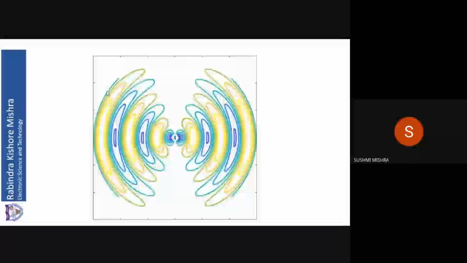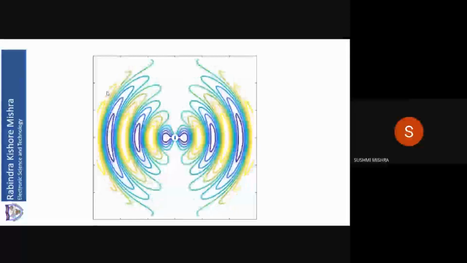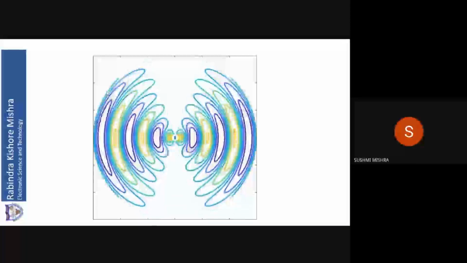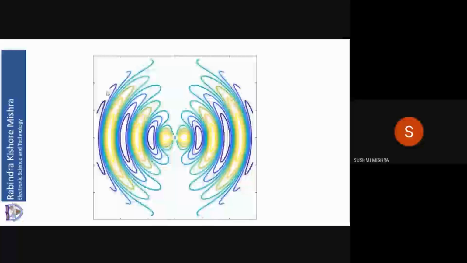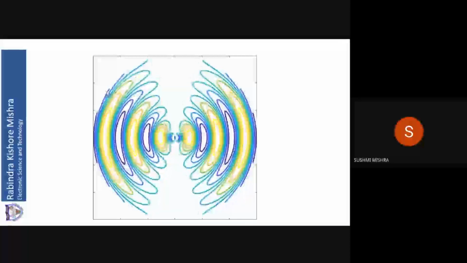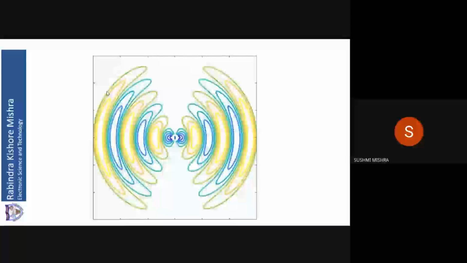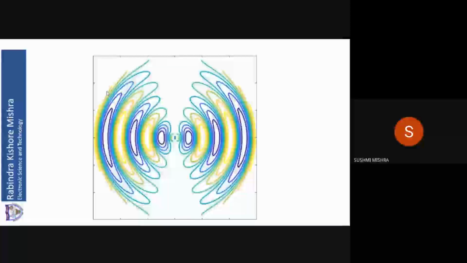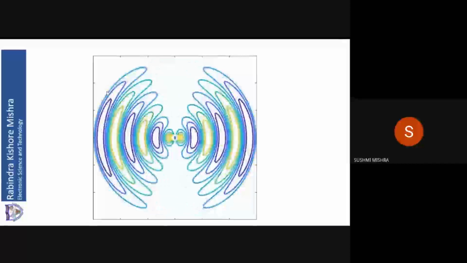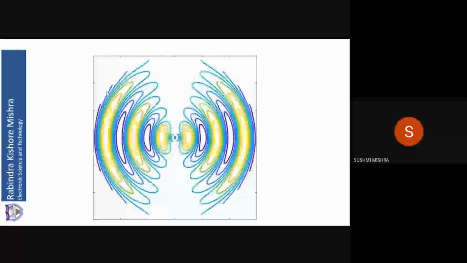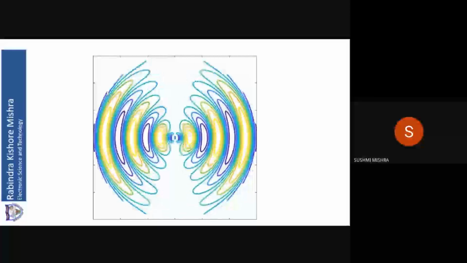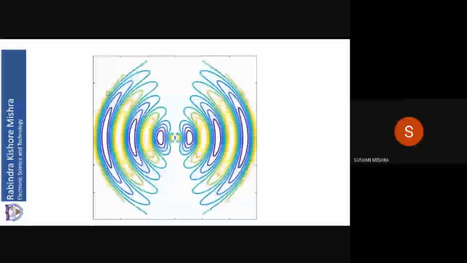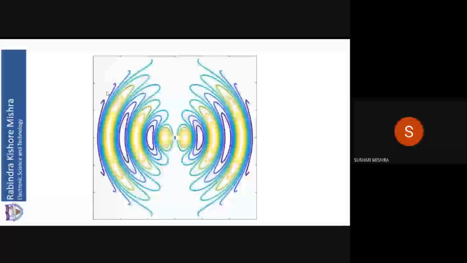Now look at this. At the center is my dipole, and it is clearly visible. From the dipole you can see what happens to the lines of force. They are gradually coming out, appearing from the dipole, then detaching, then reappearing. There you can see a yellow and a blue: yellow is the positive extreme, and blue is the negative extreme.